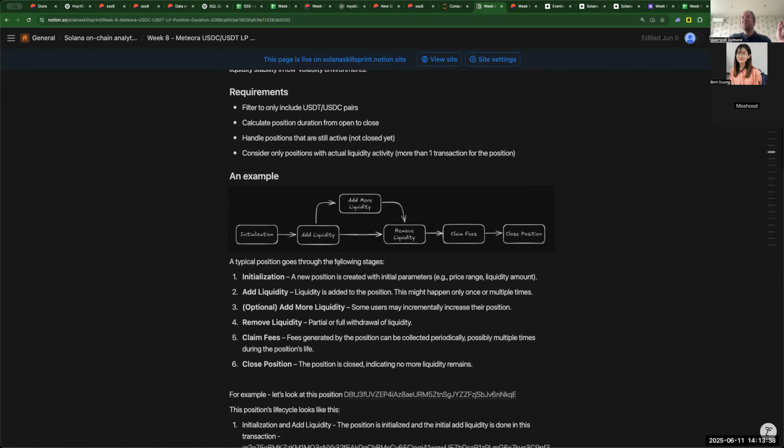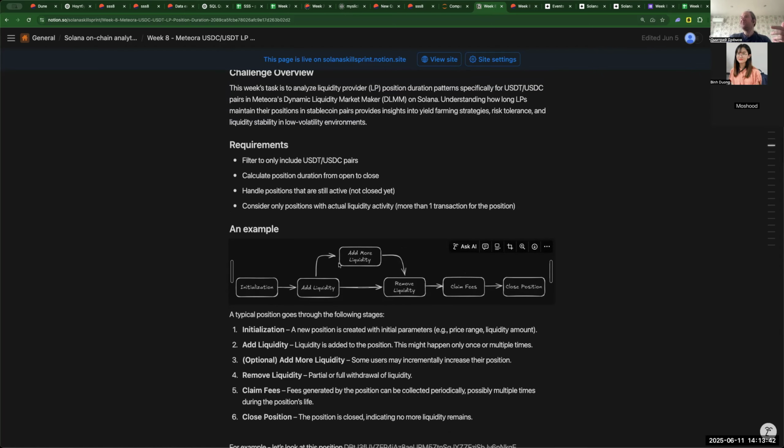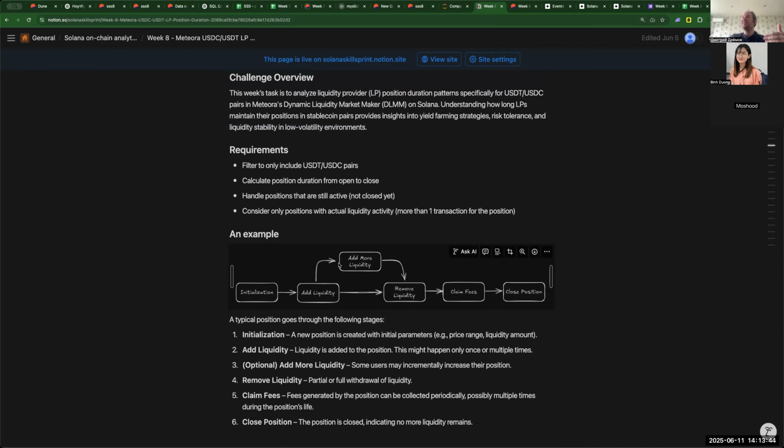One thing which wasn't clearly said: when Edmund wrote it, he had in mind that we only want the closed positions. What I understood is that we want to pay attention to positions that are still active and give them nulls if they are not closed yet.